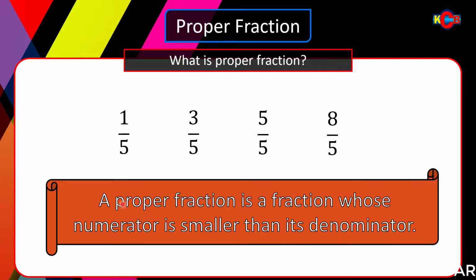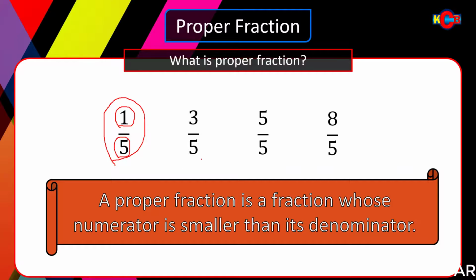Because a proper fraction is a fraction whose numerator is smaller than its denominator. At the first fraction, the numerator is 1 and the denominator is 5. Since 1 is smaller than 5, so this is a proper fraction.